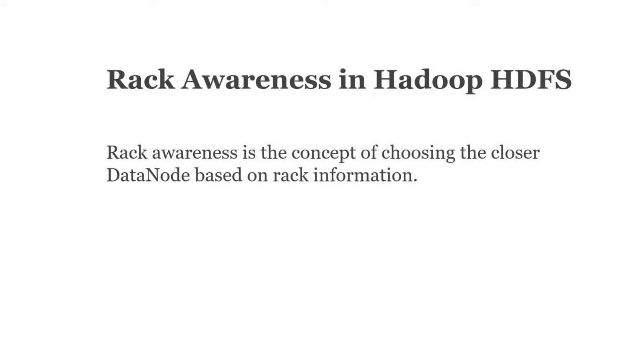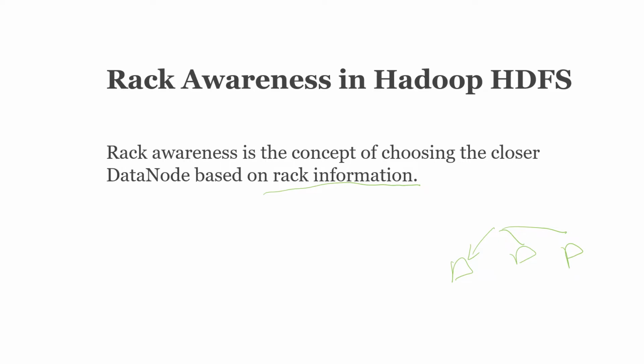So if data nodes are in a network, let's say these are the data nodes, they are connected in a network. Our whole idea is how fast we can retrieve the data. That's where rack awareness is the concept of choosing the closest data node based on the rack information. Basically, we have to capture the best, nearest or shortest distance data node where we can get information.